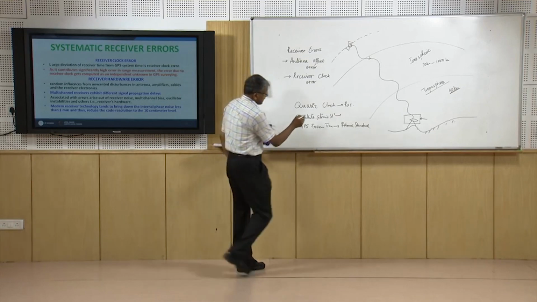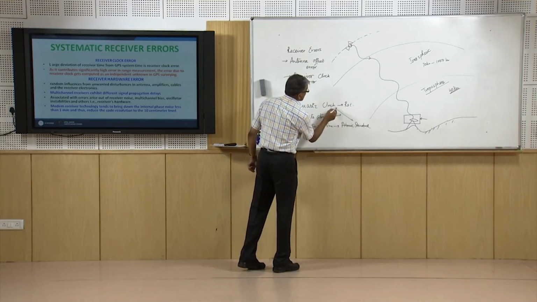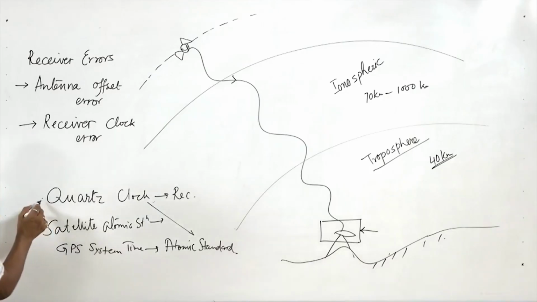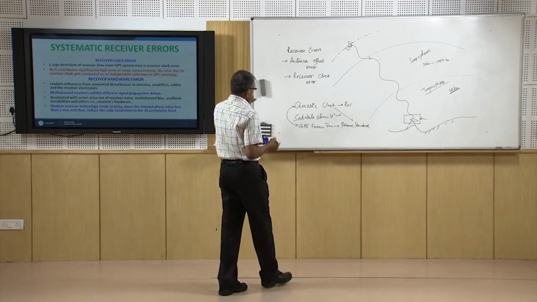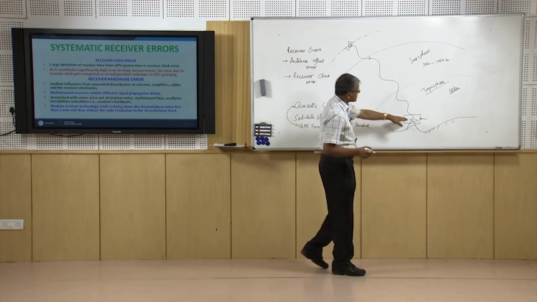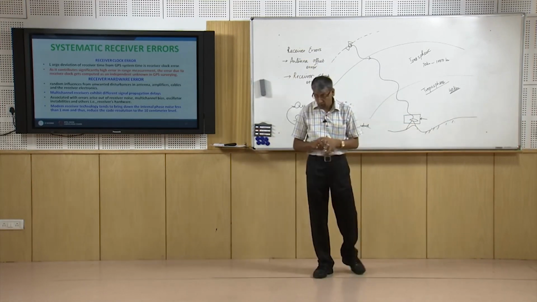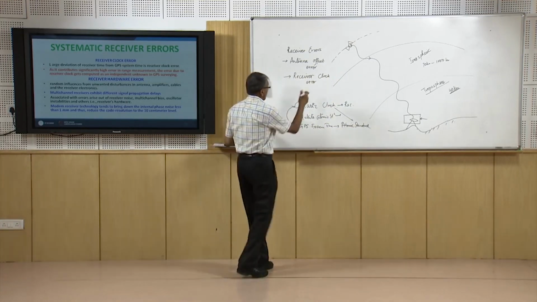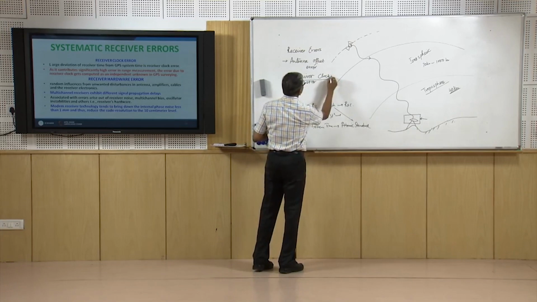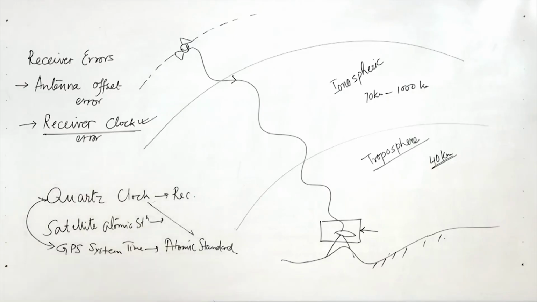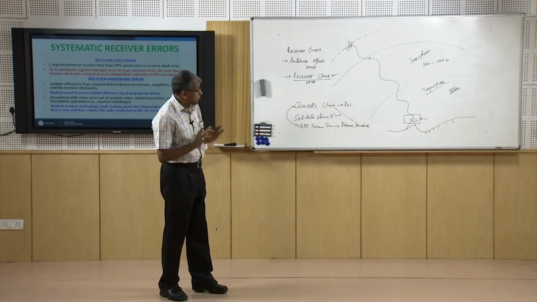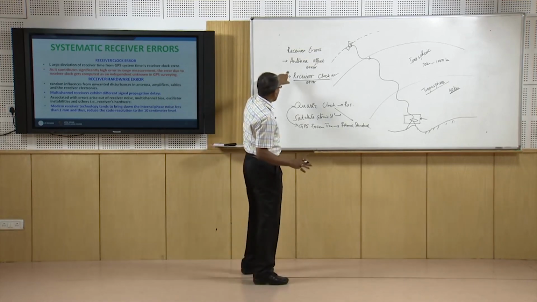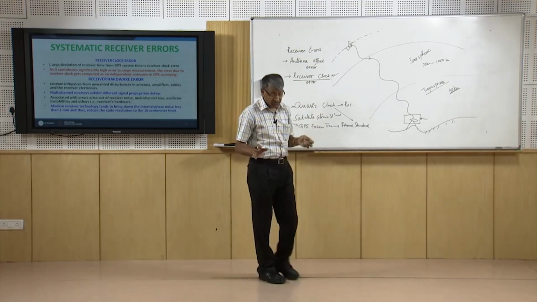So there is a large discrepancy between the quartz clock of the receiver and the GPS system time. As a result, there will be a huge error introduced in GPS positioning due to the receiver clock, and the error is so great that the whole of GPS positioning will be spoiled if we do not take care of it in the beginning itself.